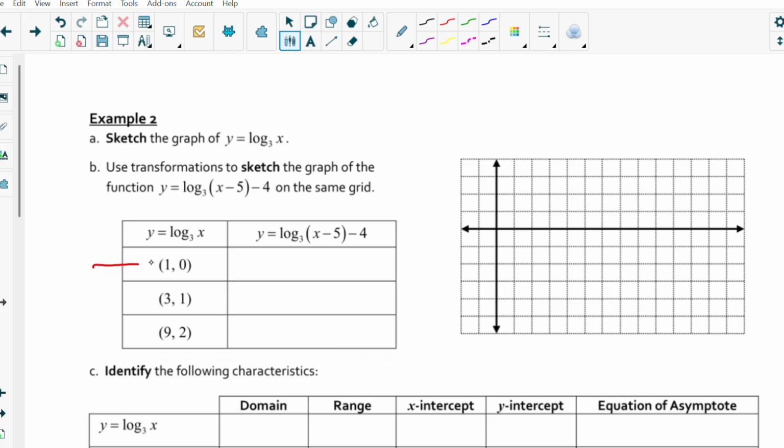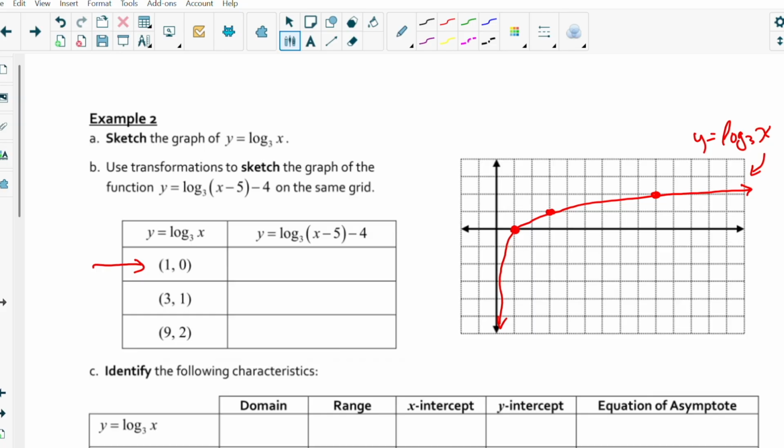Let's pick conveniently (1, 0), (3, 1), and (9, 2). Okay, nice smooth graph, and that is y equals log base 3 of x.